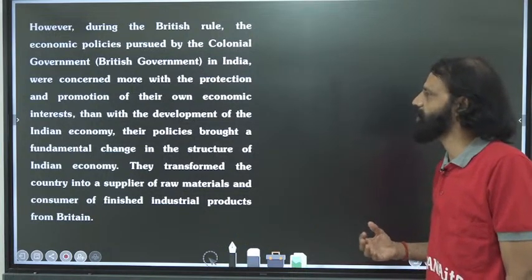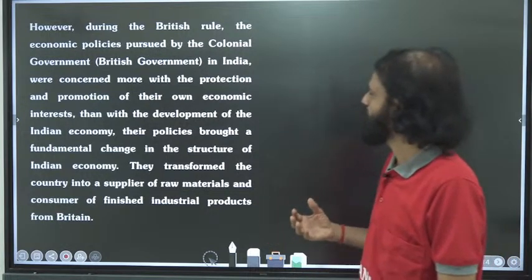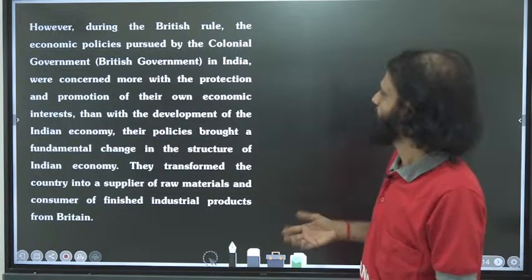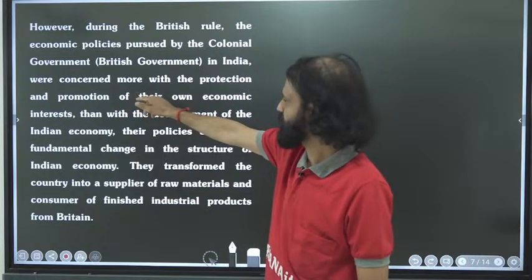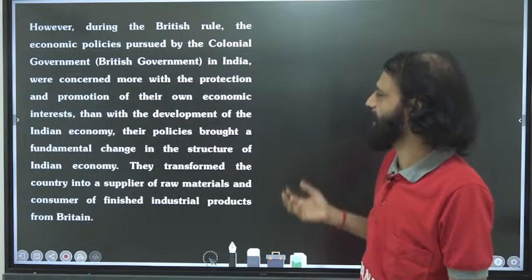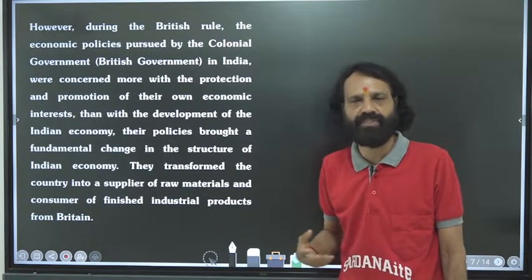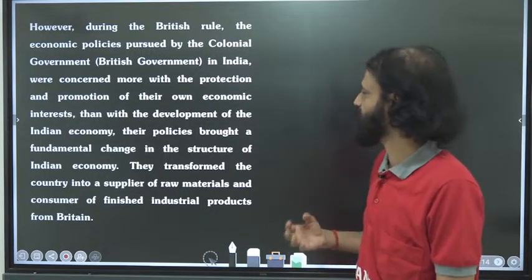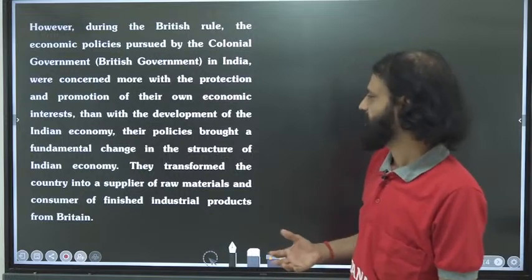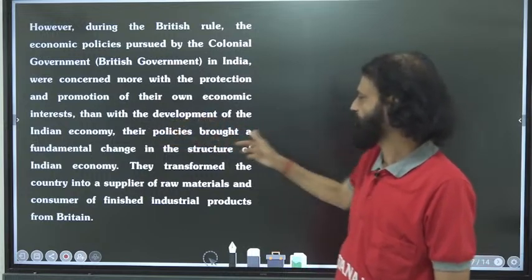That is why they prepared so many unwanted laws that could damage our economy. Their interest was to protect their own economic interest, meaning Britain's economic development was their ultimate goal. They didn't give much attention to the development of the Indian economy.